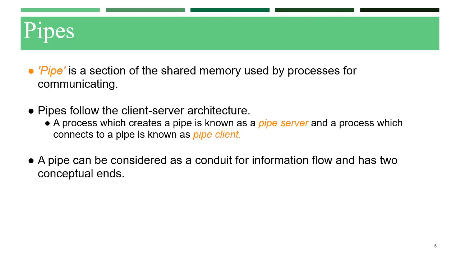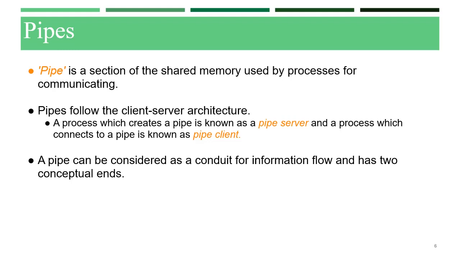Pipes. A pipe is a section of shared memory which is used by processes for communicating. Pipes follow the client server architecture. A process which creates a pipe is known as a pipe server, and a process which connects to a pipe is known as a pipe client.